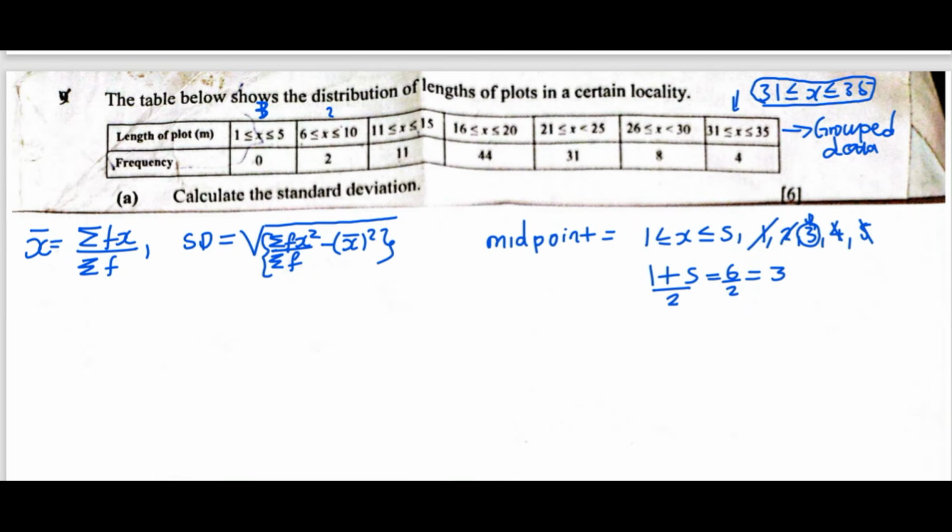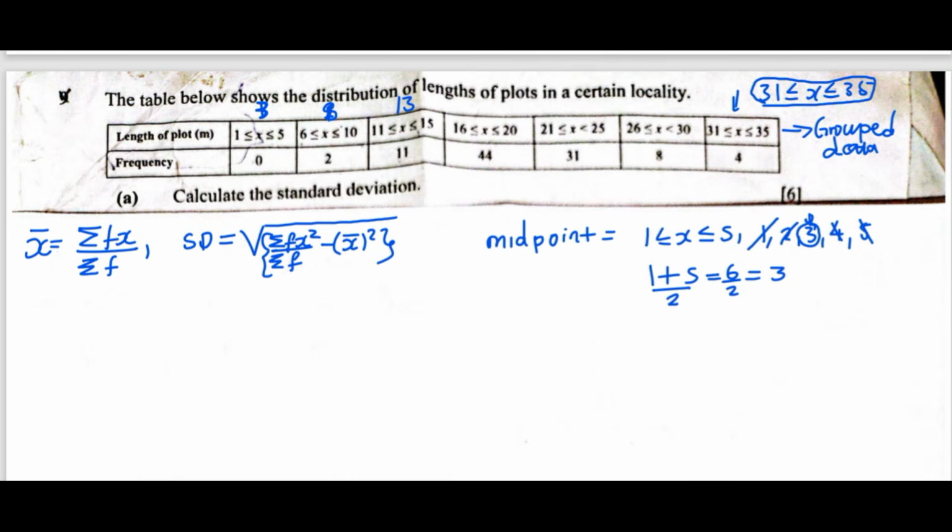So the second one is 6 plus 10 is 16 divided by 2. We have 8 as well. Then here we have 11 plus 15 is 26 divided by 2. We get 13.